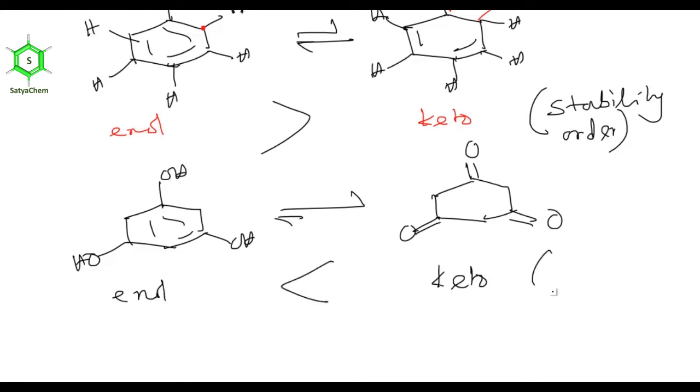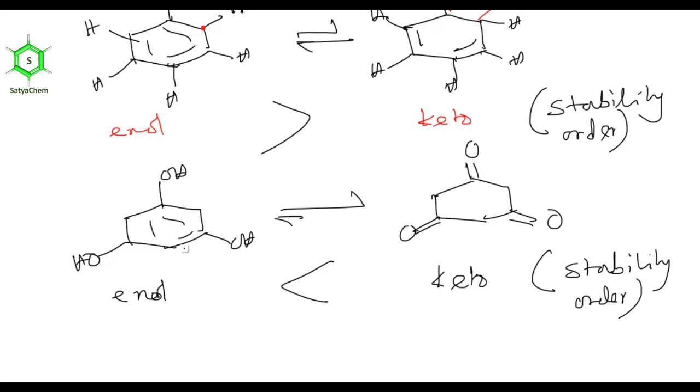Here the stability order is reverse. Now why is keto form more stable than its enol form? Here there are 3 C double bond O. The bond energy of 3 C double bond O is more stabilizing than the resonance effect of benzene.